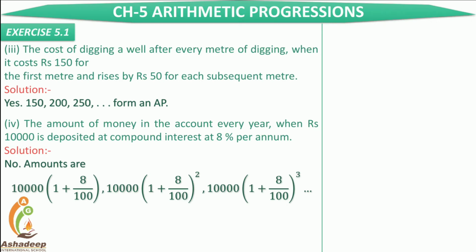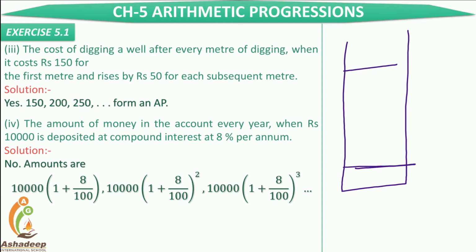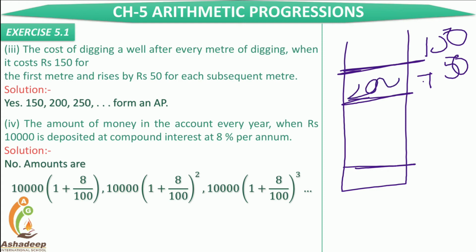Question number 3 is the cost of digging a well. After every meter of digging, it costs rupees 150 for the first meter and rises by 50 for each subsequent meter. Say this is the well: for the first meter it costs 150. If you want to dig 1 meter more, it costs plus 50, so the cost is 200.